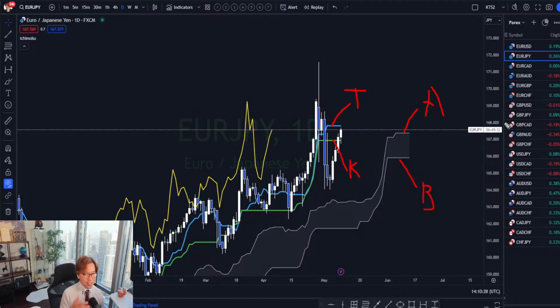So forward span A and forward span B compose the Ichimoku cloud, Kumo. And the yellow line is called Chikou span. So these are the 5 lines of Ichimoku: Kijun-sen, Tenkan-sen, Senko span B, Senko span A, and Chikou span.